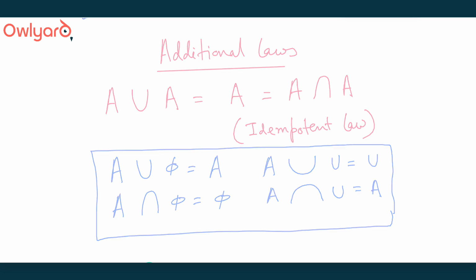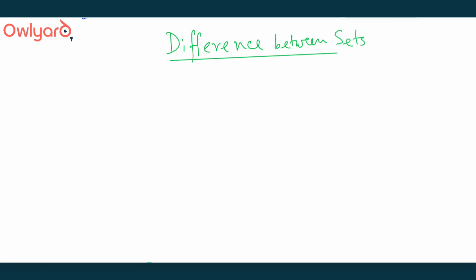Great. So finally, let me mention that there is another operation that exists. It's called the difference between sets. The difference between two sets is denoted as A minus B, where A and B are sets.